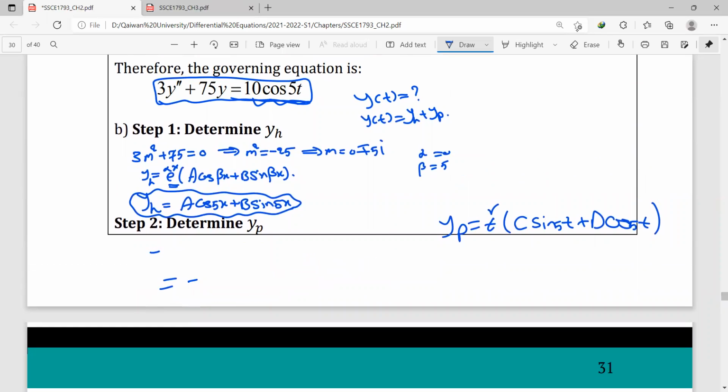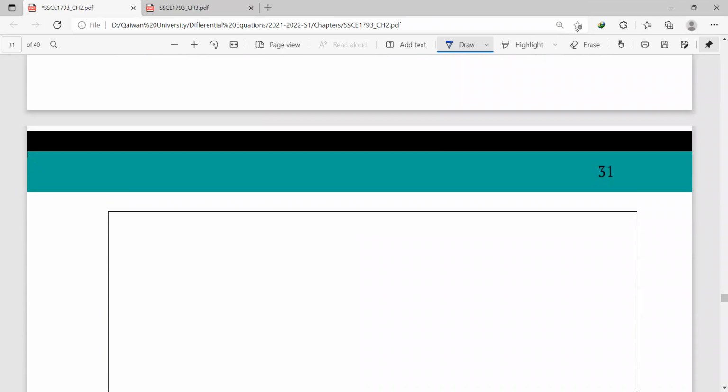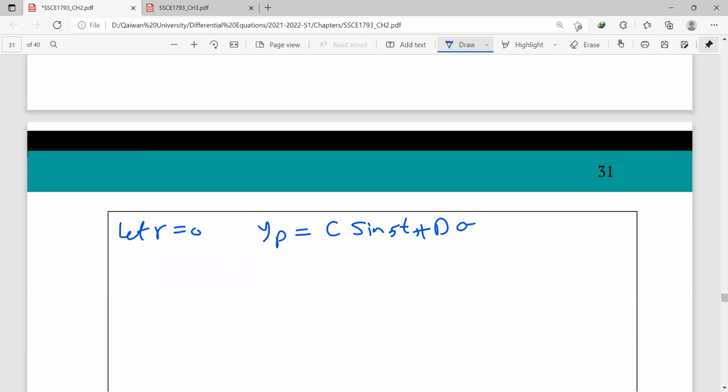Now we are going to solve it. We are going to find the particular solution. For the particular solution, we let r be 0. If r is 0, yp equals c sine 5t plus d cosine 5t. We have similar terms. So we let r be 1.